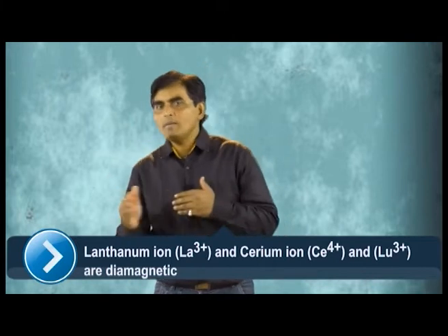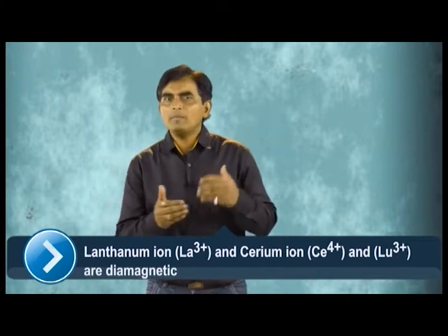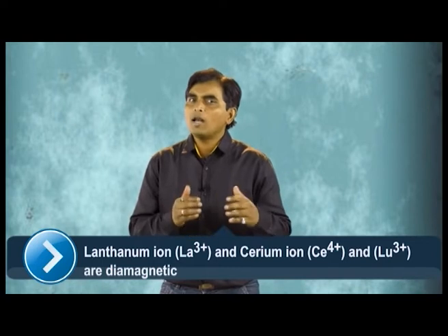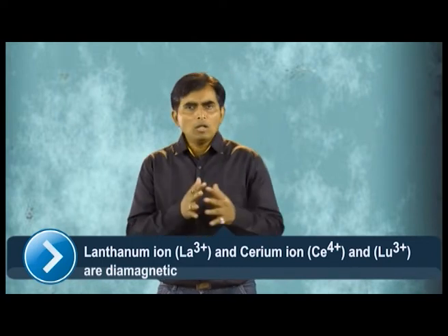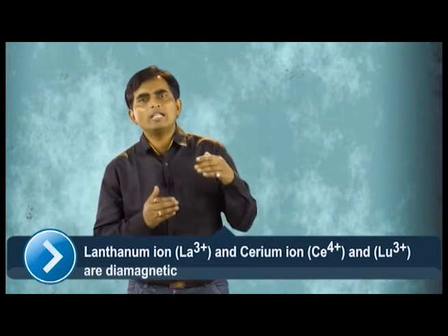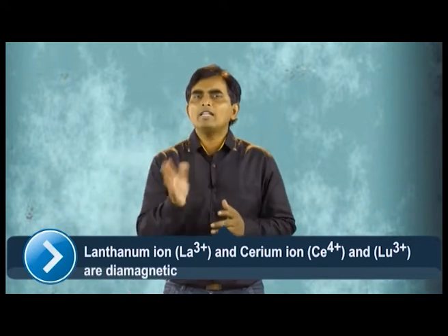Thus, the lanthanum ion La3+, cerium ion Ce4+ and lutetium ion Lu3+ are diamagnetic. All the other elements contain at least one unpaired electron and therefore they all are paramagnetic. The paramagnetic behavior increases with increase in number of unpaired electrons in the f subshell.